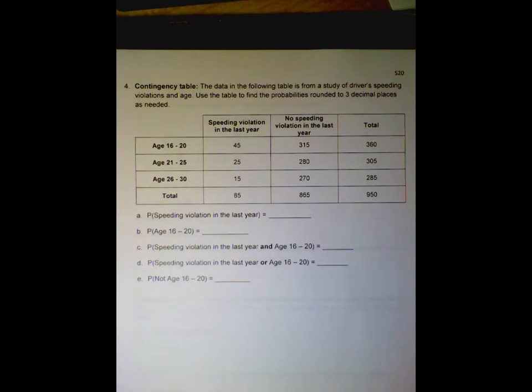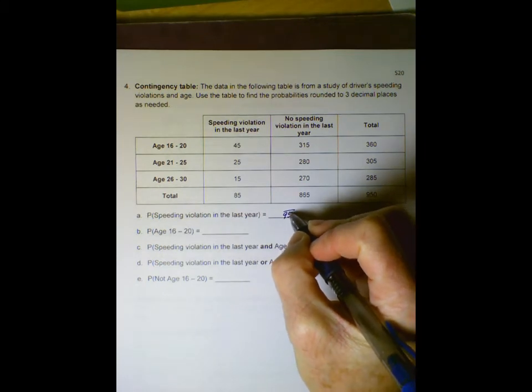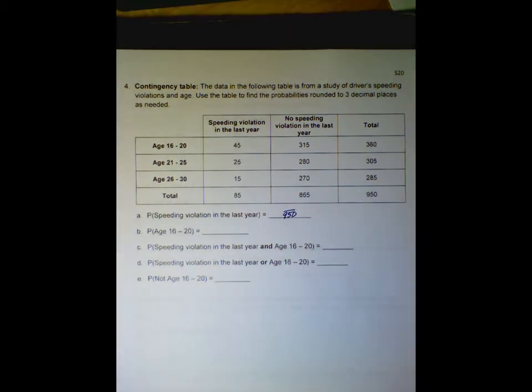Okay, in part A, find the probability that a randomly selected person out of this group would have had a speeding violation in the last year. So out of 950 people, how many had a speeding violation in the last year?